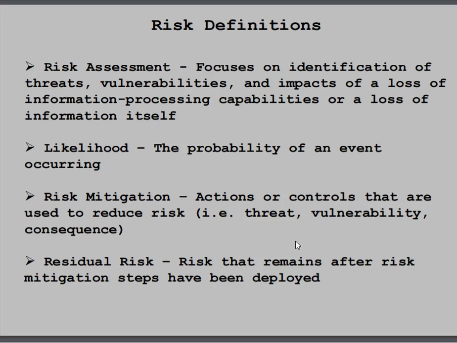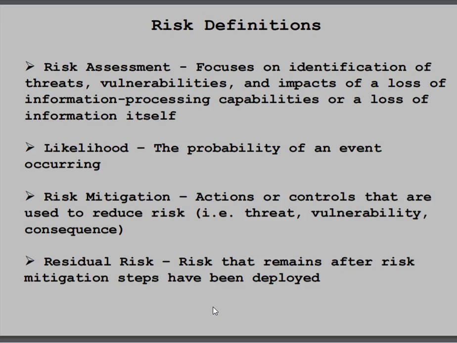Well, if we go through and do these risk mitigation strategies, then everything that's left over after we've gone through and made sure that we've put things in place to try to reduce the risk, whatever is left over is what we're accepting as our residual risk.